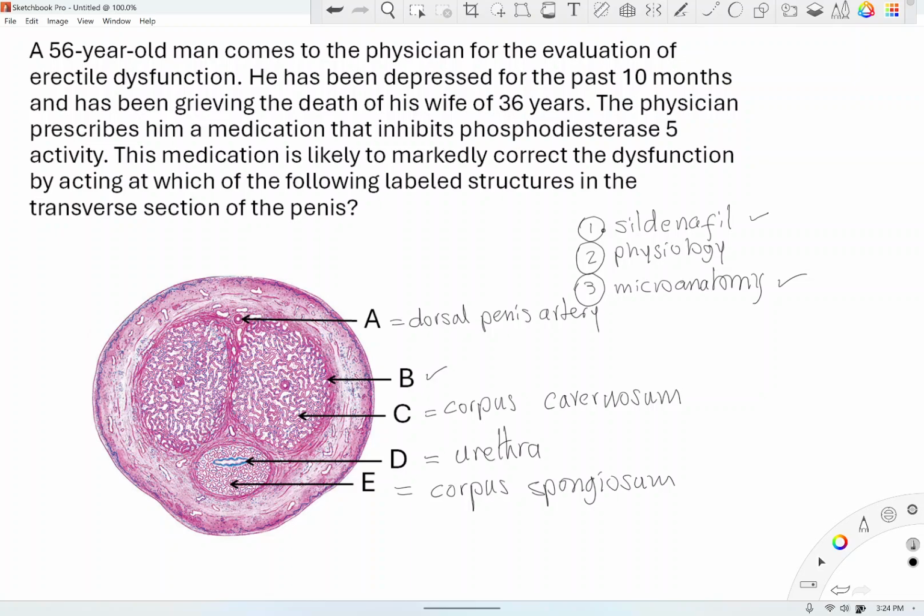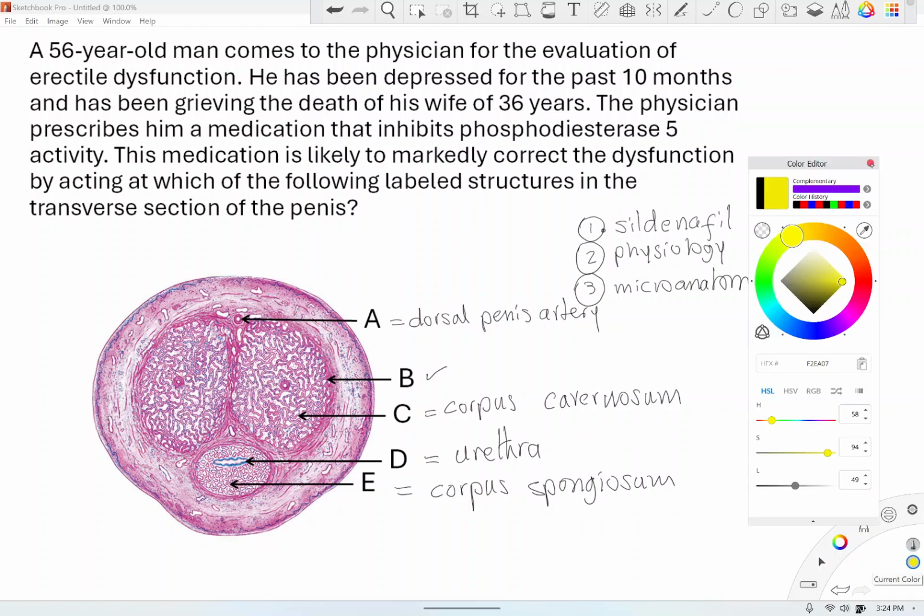This tissue, and I'm going to use, let's see if I can use a yellow highlighter, this yellow tissue that surrounds the urethra is known as corpus spongiosum.